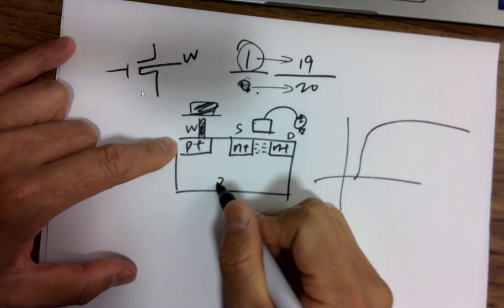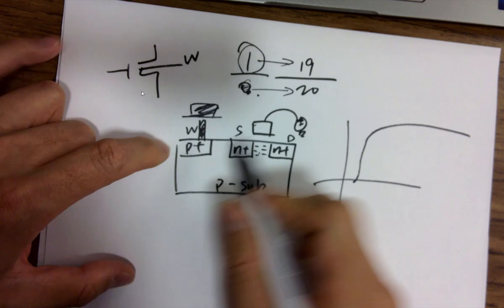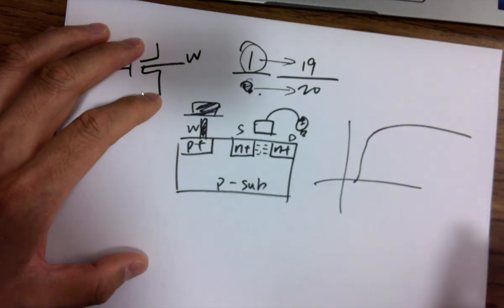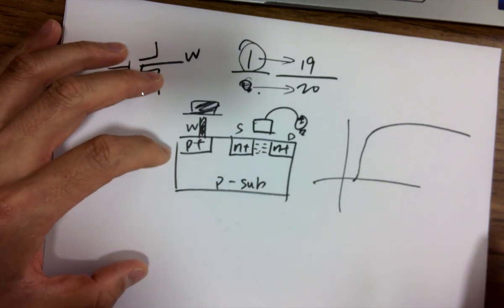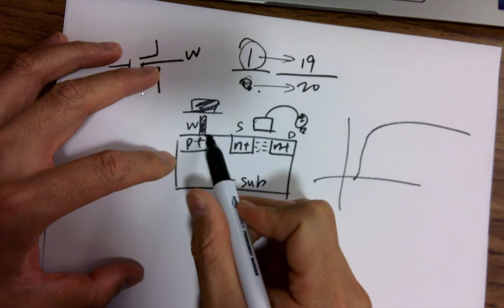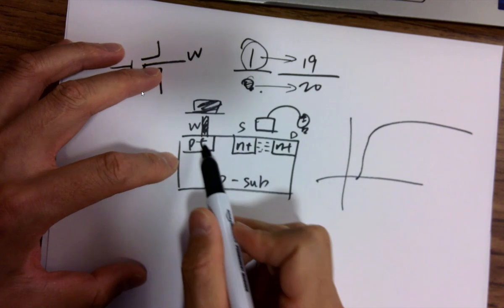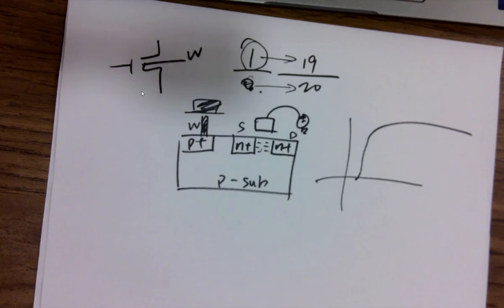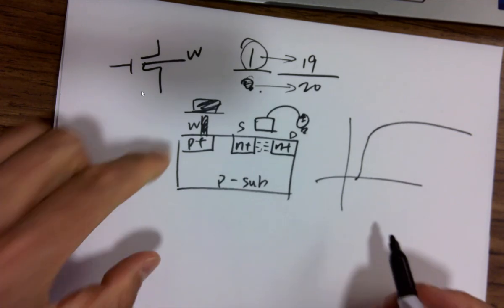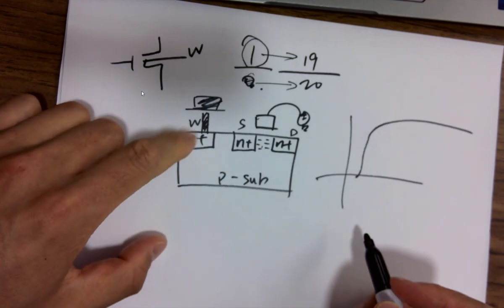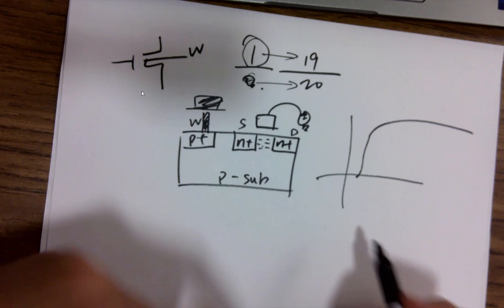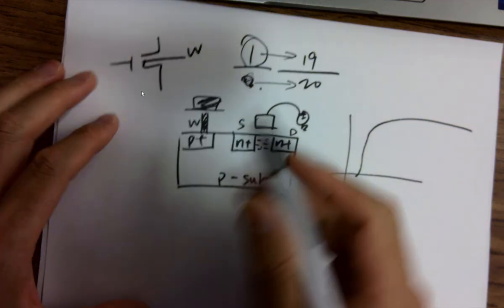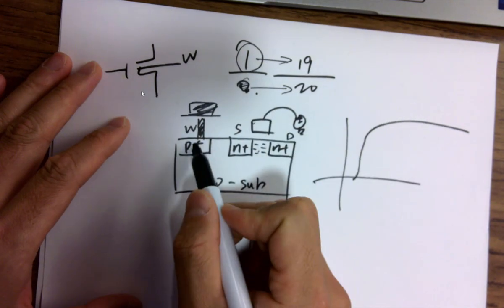But the P well or P sub, that's a huge well, it's the wafer itself, it is not able to directly connect to anything. They can only connect to the metal and signals through this P plus. The P plus is heavily doped, it's more conductive. So you implant this one into the P well, you are able to have a via and metal to short it to somewhere else.